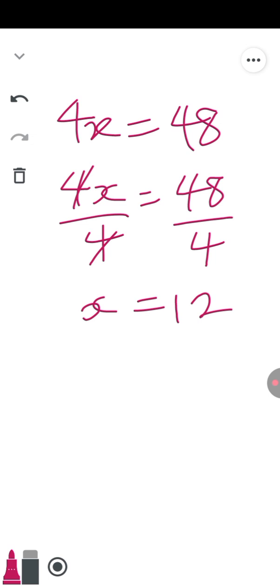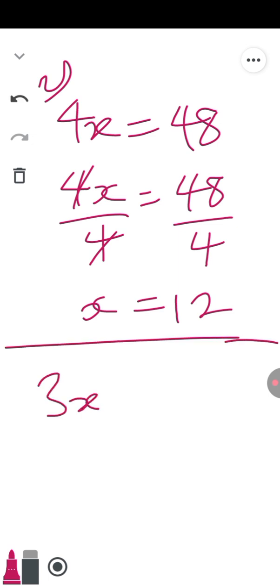So let's try another one. Let's say we have 3x minus 2 is equal to 7. Okay, this is a bit different from the one we did earlier.